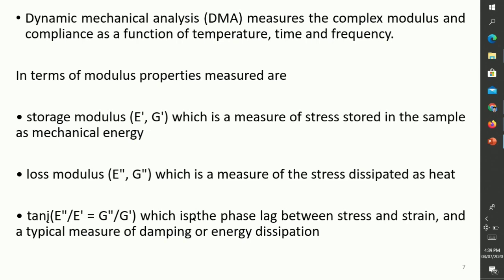Thermomechanical analysis measures linear dimensional changes with time or temperature, sometimes under high loading, including the linear coefficient of thermal expansion, glass transition, creep, and relaxation of stresses. TGA measures mass primarily in terms of weight loss. This is the description of dynamic mechanical analysis, which measures the complex modulus and compliance as a function of temperature, time, and frequency.